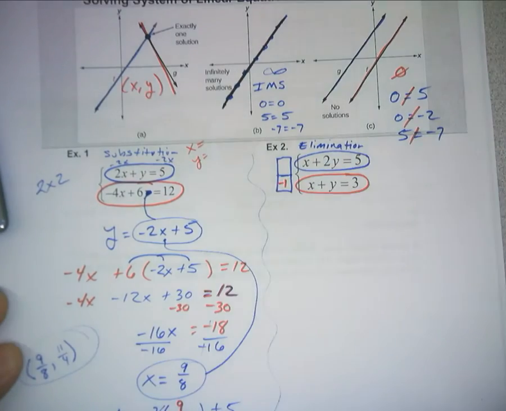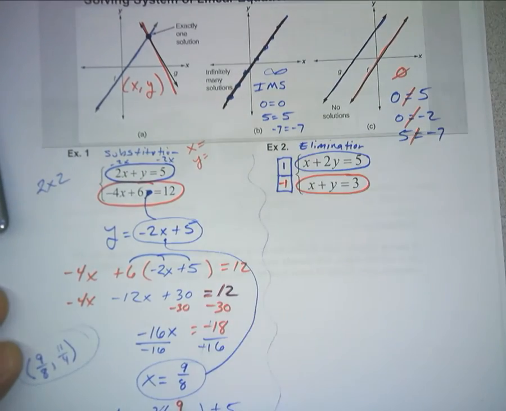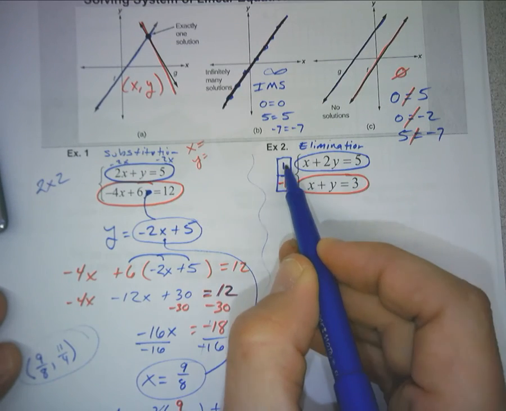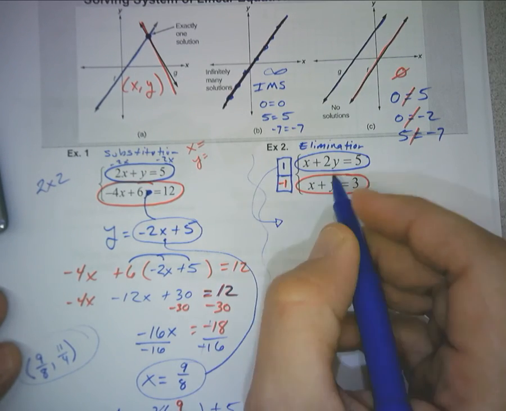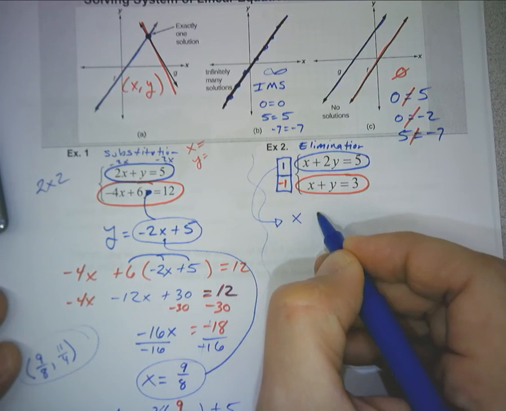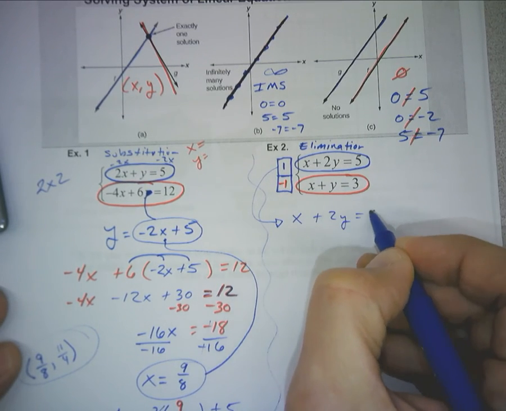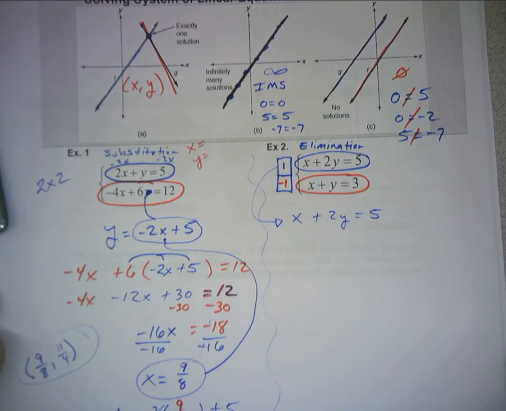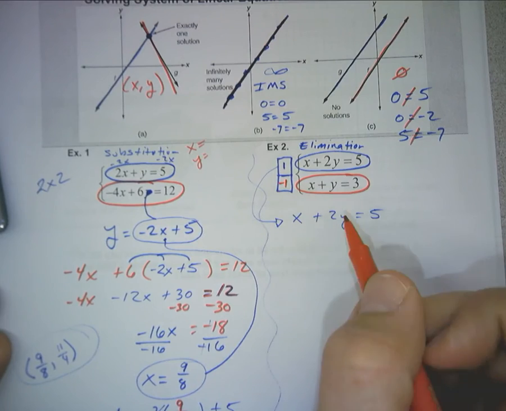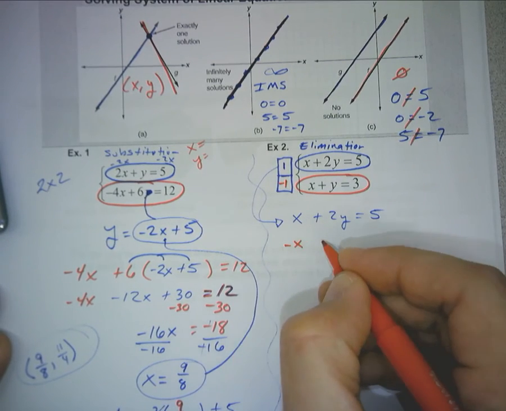I make little boxes to keep them organized. That way I'm going to send this guy through, and everything gets multiplied by 1, so it basically stays the same. I get x plus 2y equals 5. The top equation didn't change. But on the bottom, send it through. Everything gets multiplied by a negative.